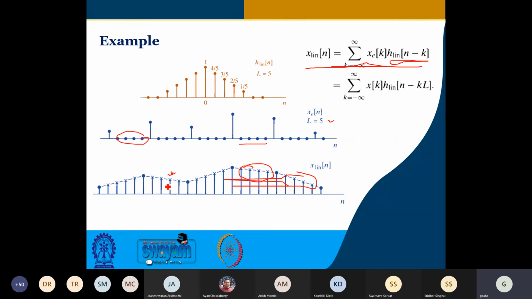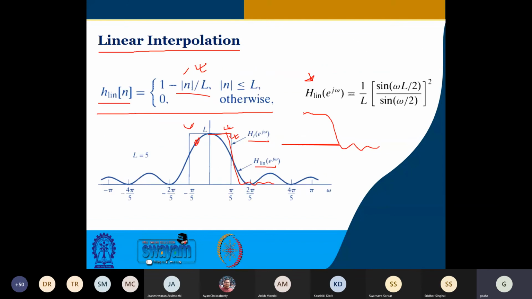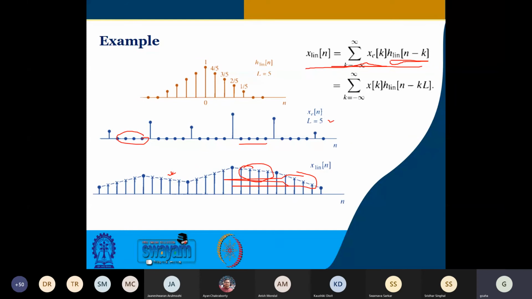This will generate some value, which is some in-between value. But definitely there are better ways of realizing the low pass filter. And if you have an ideal low pass filter, you will get exactly the values you would have got by converting the signal to the time domain and then resampling it. Is it fine?